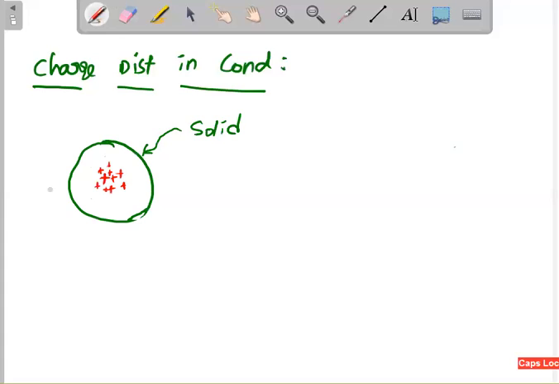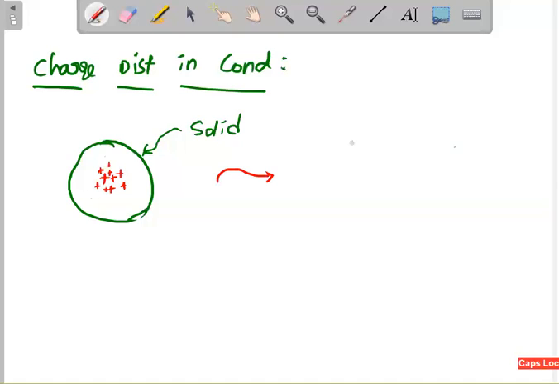Then what will happen after a few times? From our basic understanding, according to Coulomb's law, if they are very close to each other, the force between them will be very, very high. Then they will be redistributed in such a way that the force between them is minimum.